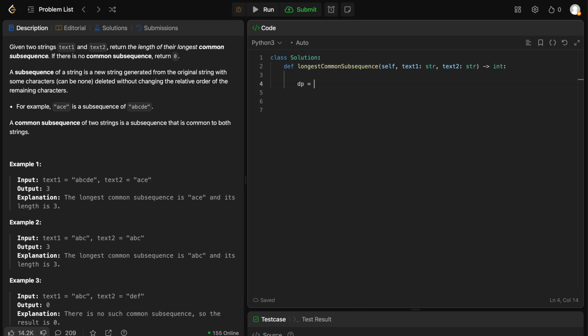Yeah, as we saw, we need to have all the zeros. So zeros times the length of text 1, let's say, or let's have it like this, and 1 is the length of text.